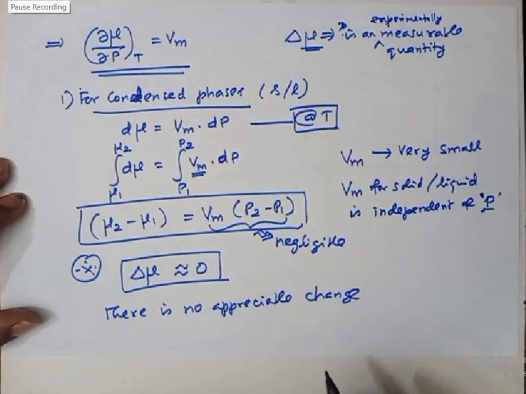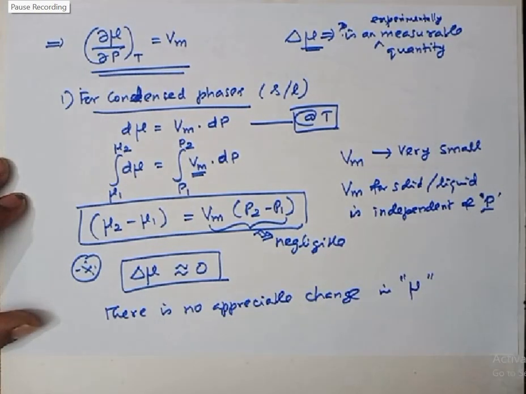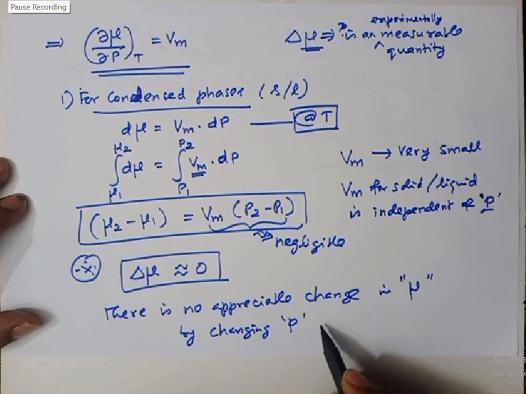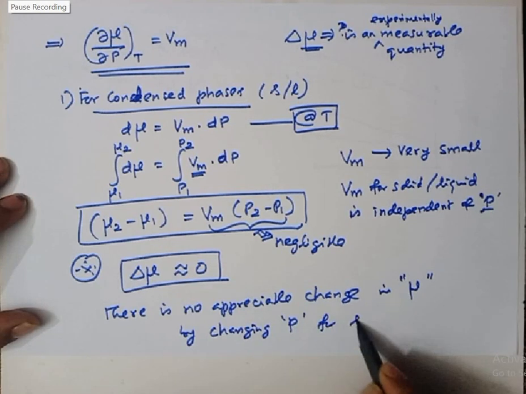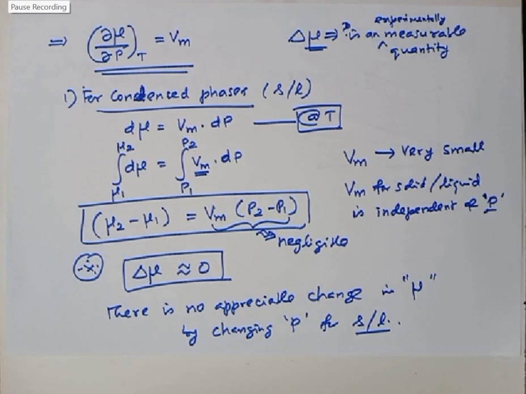There is no appreciable change in chemical potential by changing pressure for solids or liquids. Take note. Sir, see if it is clear. Now listen.